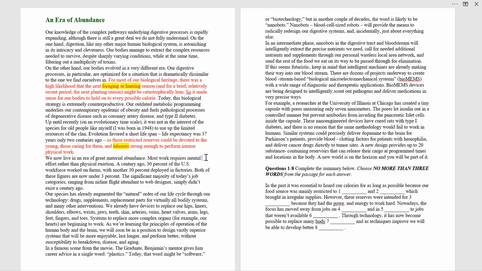So let's see what we are finding: the focus moved from certain jobs, and that "certain" is our answer, and in dash to jobs that were not available, maybe previously or something like that, is going to be the answer, I don't know. But yeah, this makes sense here. So okay, I got the sentence meaning, and now I'll go to the reading and see if I'm getting my answer.